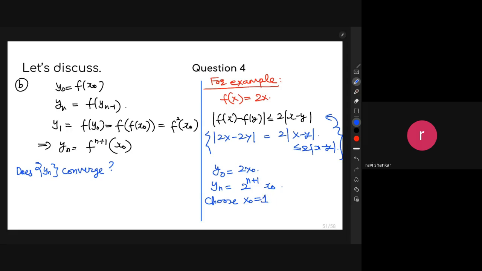So what does this become? If you choose x naught to be 1, your yn becomes 2 to the power n plus 1, and this sequence goes to infinity as n tends to infinity. So this is a non-convergent sequence, so it does not converge.